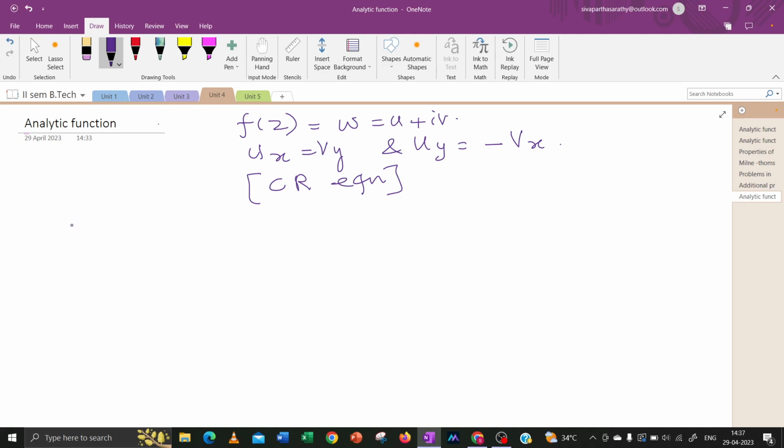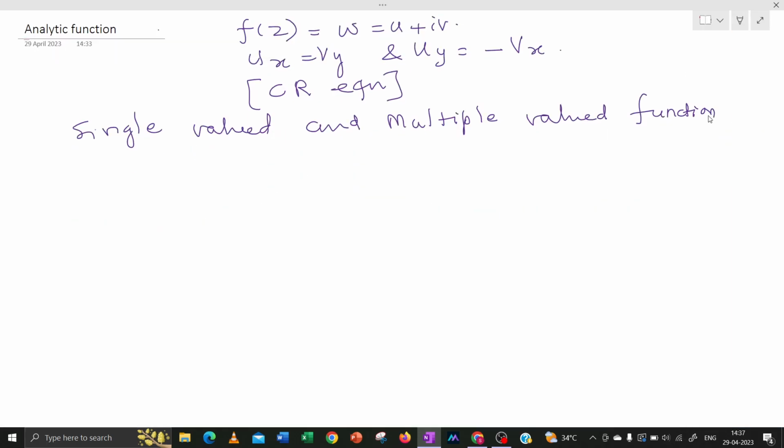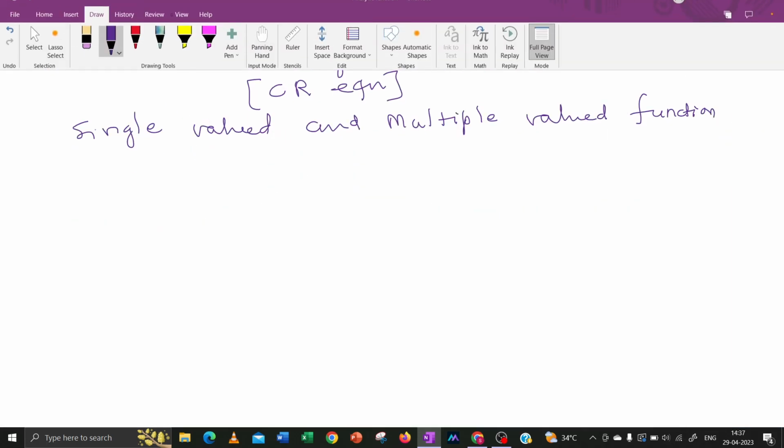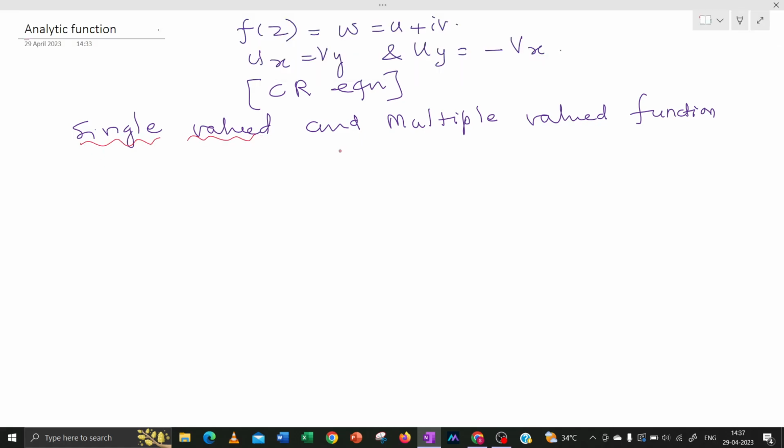Now we will see what is called single valued and multiple valued function.